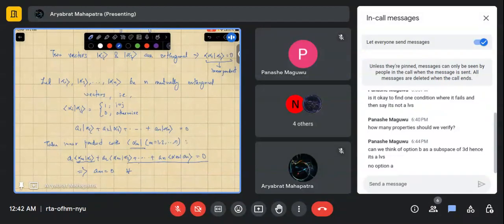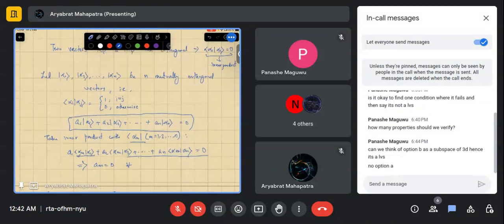Let's say they are also normalized. So the inner product of alpha 1 with itself for m equals 1 is 1, and all other inner products will be 0 when you fix m equals 1. That means a1 is 0. So when all the a's, a1, a2, individually go to 0, that is the condition for linear independence.